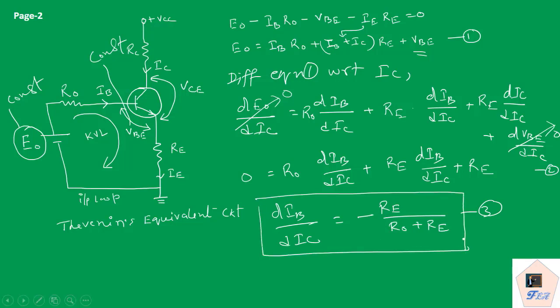Now we shall utilize this value. From the general expression of the stability factor, S is given as 1 plus beta divided by 1 minus beta dIB by dIC.